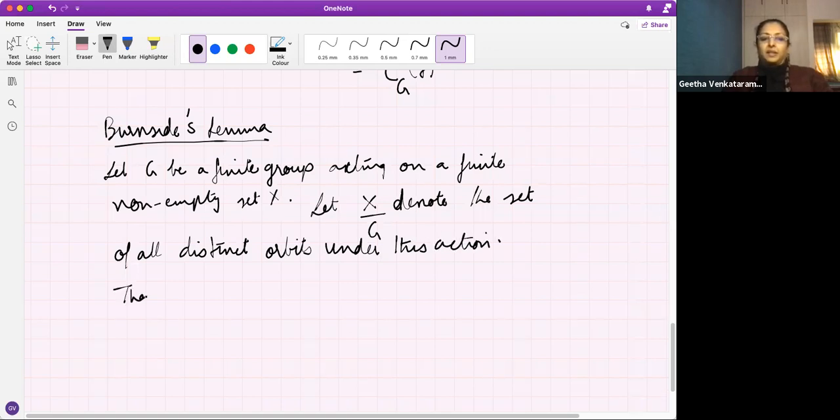Then it says that the number of orbits, which is the number of distinct orbits, is nothing but the average of all the fixes.